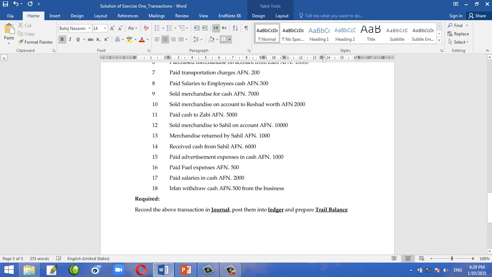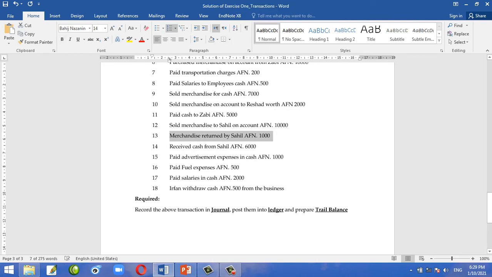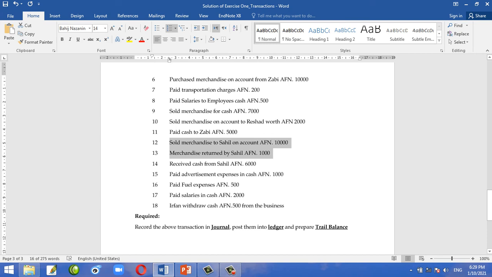Now come to the 13th transaction. On the 13th of October, we have a transaction that merchandise was returned by Sahel. Pay attention. Here we have two transactions. One is sold merchandise to Sahel on account. Sahel is responsible to pay the money back to the organization after a specific period of time.